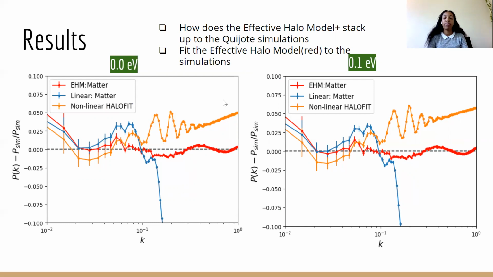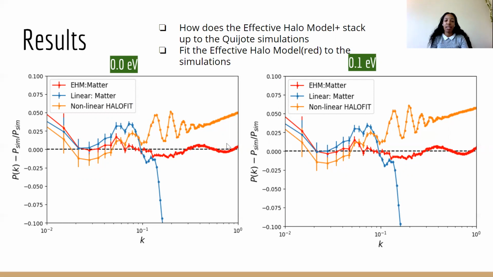Basically what we did for these plots is we computed the power spectra and then subtracted the power spectra generated from the simulations, the Quixote simulations. The graphs are showing the percentage difference between the models and the simulations.